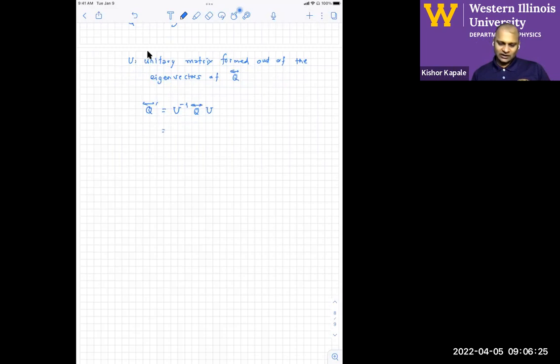And Q prime essentially contains only three components, which are QXX, QYY, and QZZ. That's all that matters. And these are essentially eigenvalues of the quadrupole tensor. So this is analogous to the moment of inertia tensor that you encounter in classical mechanics.